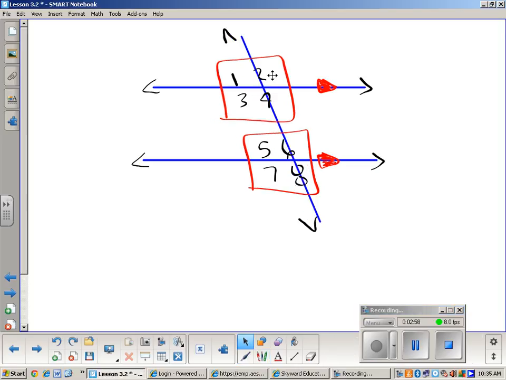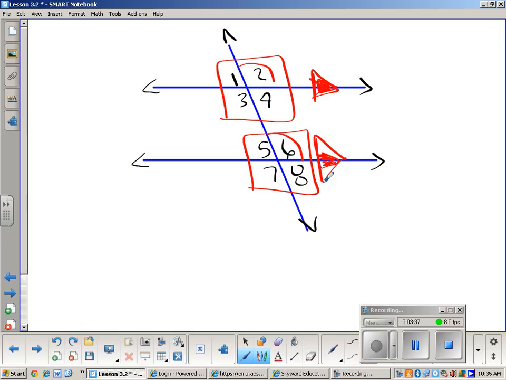We said angle 2 and angle 6 are congruent because they're corresponding angles with parallel lines. How can we tie angle 4 and 5 together? Alternate interior angles. Here's one parallel line, here's the other parallel line, here's my transversal.